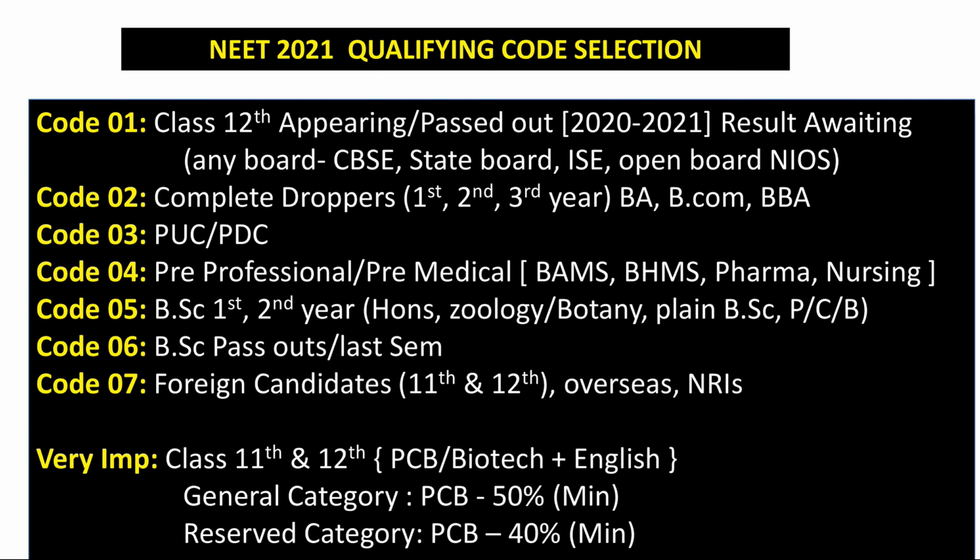And if you fall into a reserved category, then your combined PCB, that is physics, chemistry, and biology, should be 50% minimum and above. It's very important that you understand this and fill up your application accordingly, ensure you pick the right code, and completely fill your application duly with all complete information.